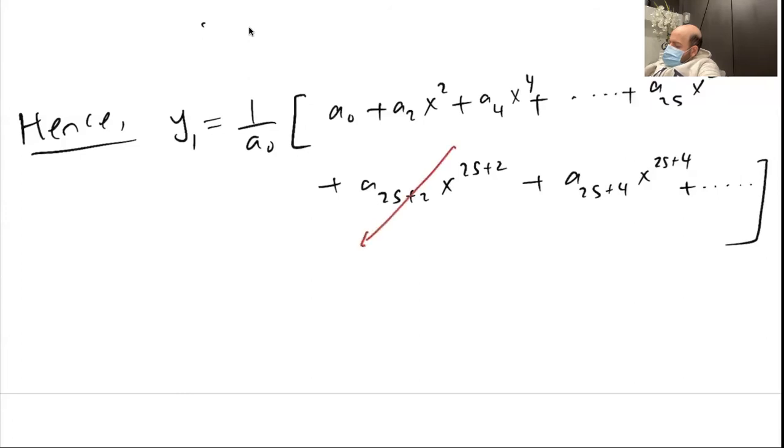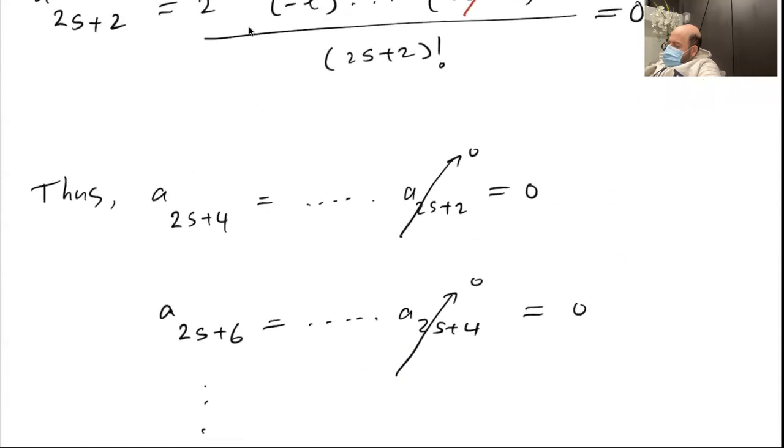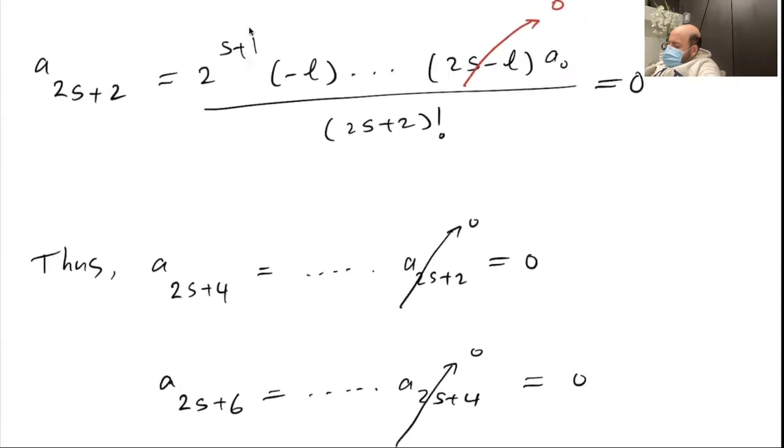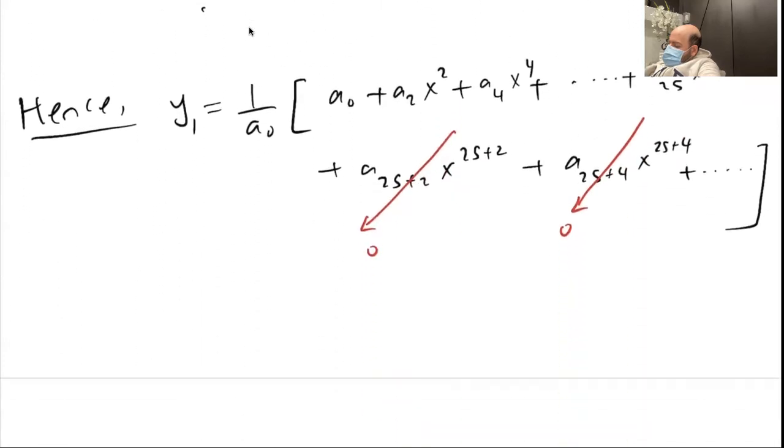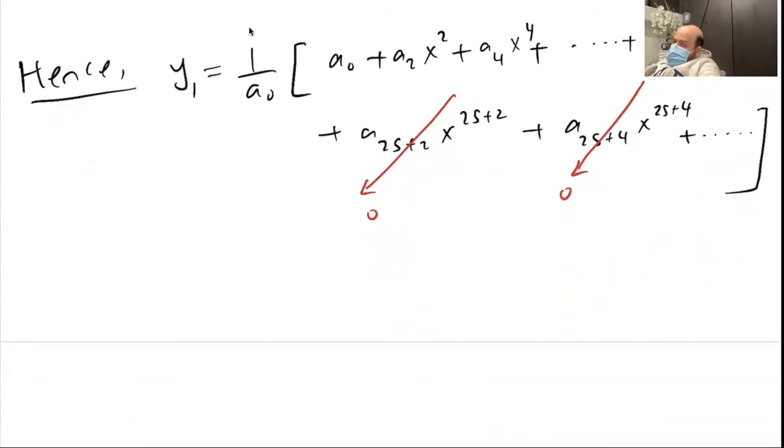Now this term is 0, this term is 0, and every next term is also 0. a2s plus 2, 2s plus 4, 2s plus 6. All the even numbers after 2s plus 2 are 0. The coefficients with even indices that are after 2s plus 2 are 0.